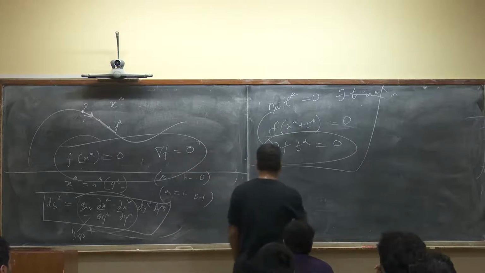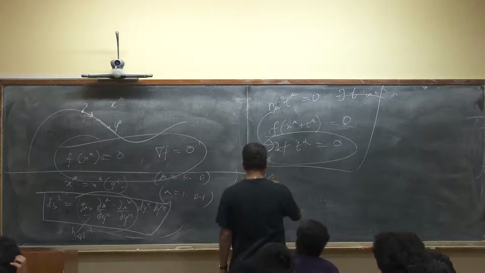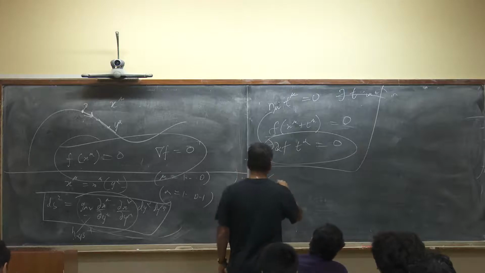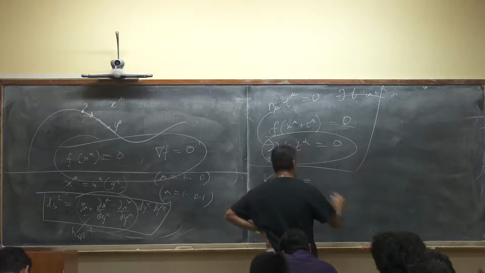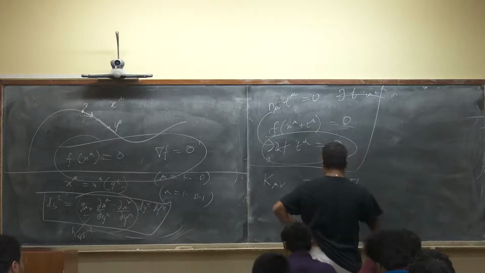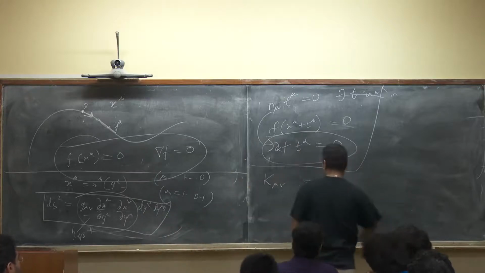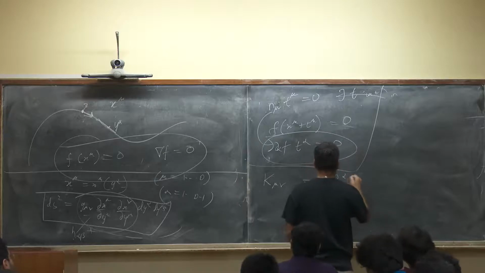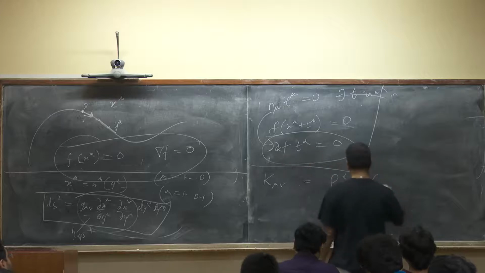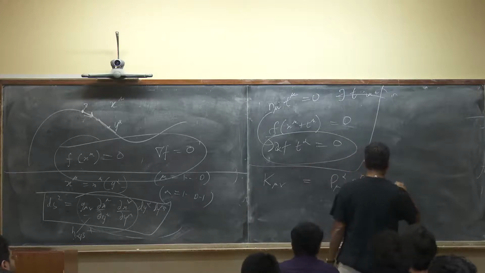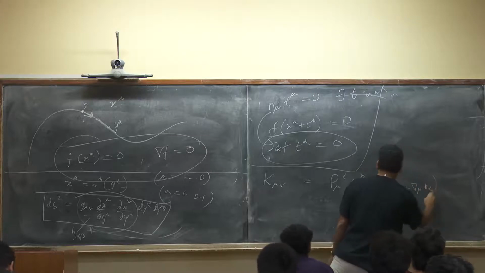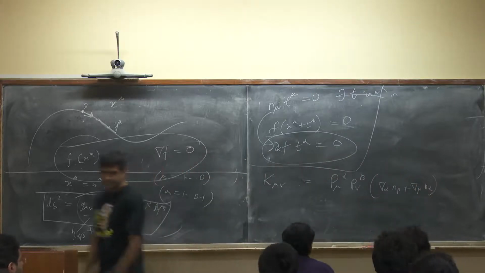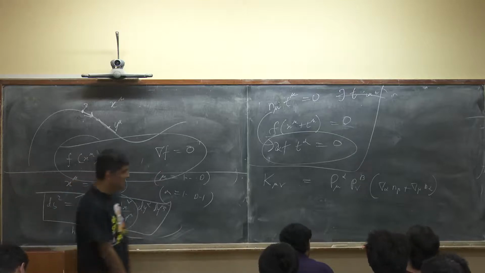The definition is this: K mu nu is P mu alpha P nu beta into del alpha n beta plus del beta n alpha, where P is the projector.